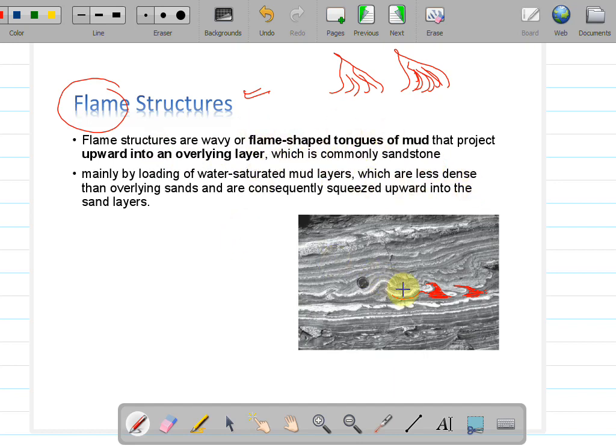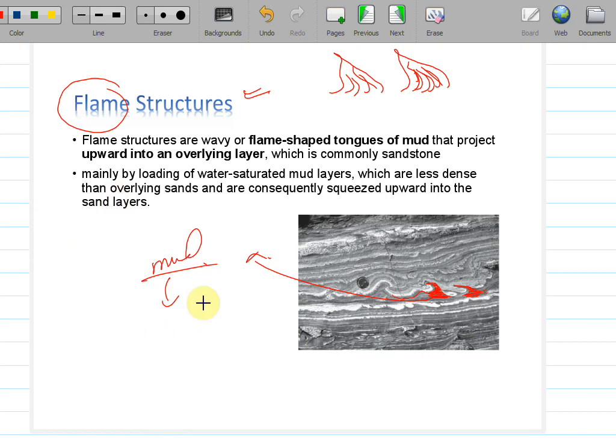Now this flame structure is basically made up of mud. So mud, basically you know that mud is very fine particles. Mud is made up of very fine particles. तो mud में जो जितने भी particles होते हैं वो silt या clay के होते हैं, okay. Silt or clay.